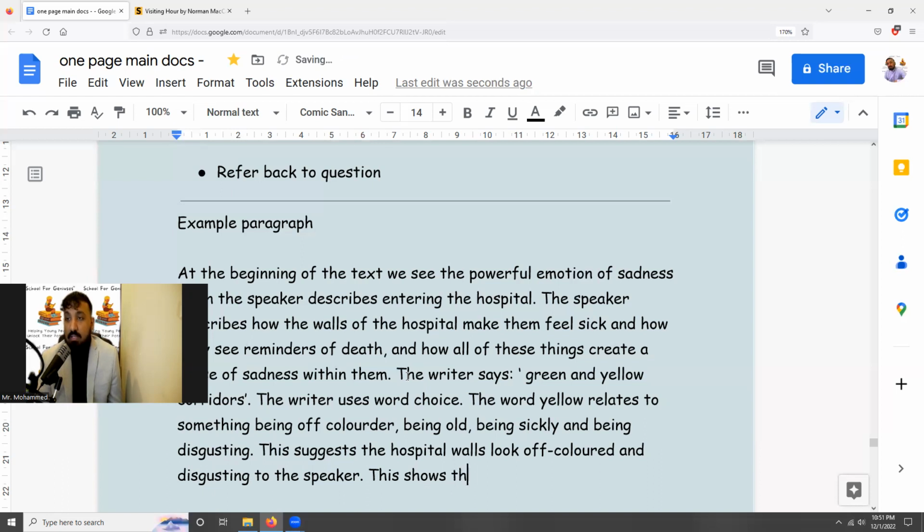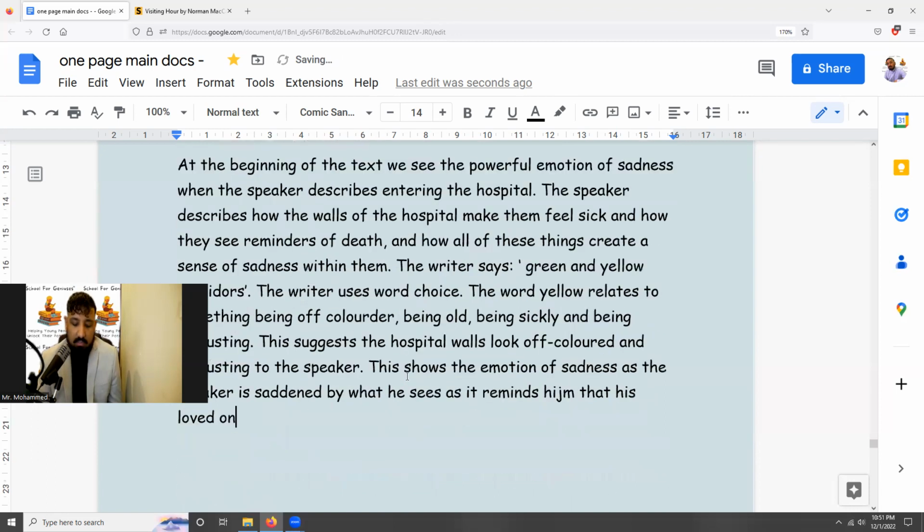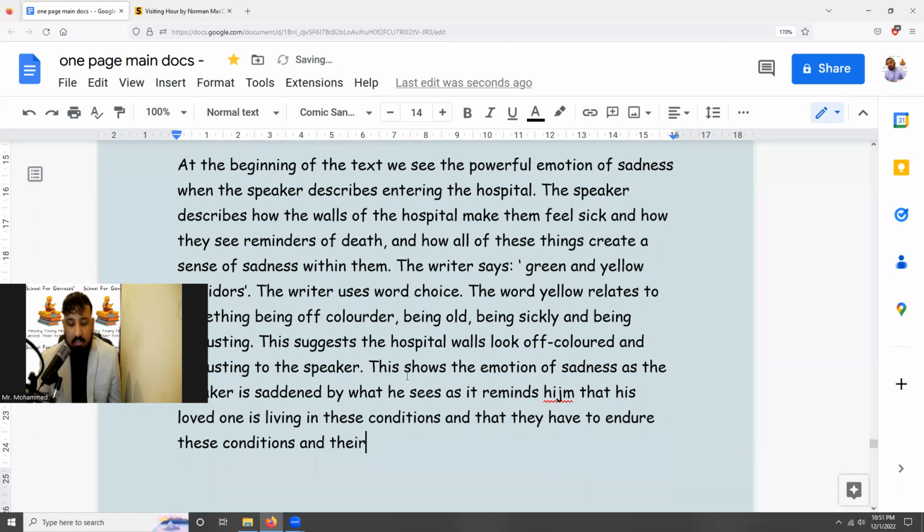This shows the emotion of sadness as the speaker is saddened by what he sees, as it reminds him that his loved one is living in these conditions, and that they have to endure these conditions and their illness and have no way of escaping them. And again, don't worry about it being complicated. We just keep it basic to begin with.